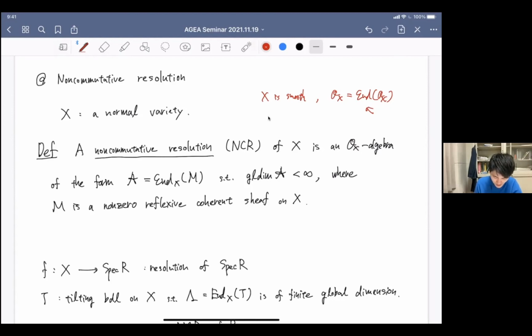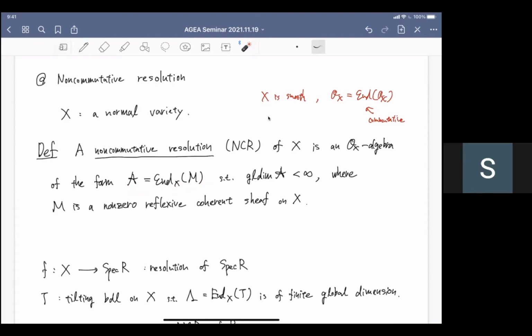In general, this definition does not imply A is non-commutative. The naming is because usually this algebra is a non-commutative algebra, so we say non-commutative resolution. Okay, thank you.